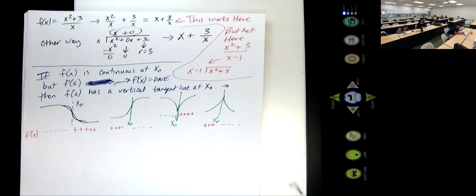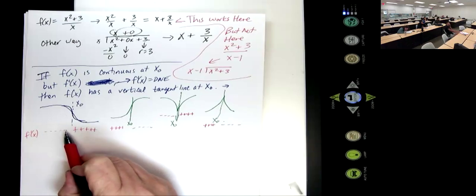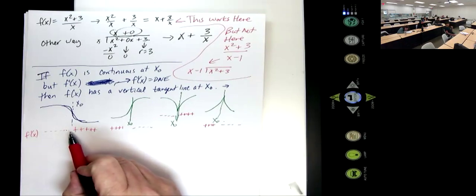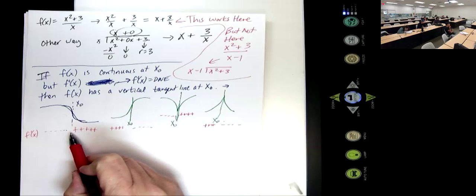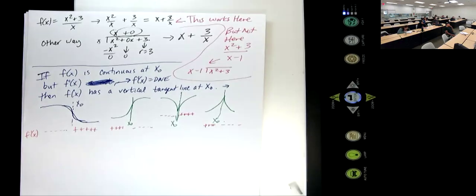The slope is changing, but it doesn't go through zero to do it. Like on this one, it could be -10, -5, -1, -0.1, -0.0001, and it doesn't hit zero like every other slope does. The derivative just immediately jumps over to positive. And it's because there's a cusp there or a vertical tangent line.